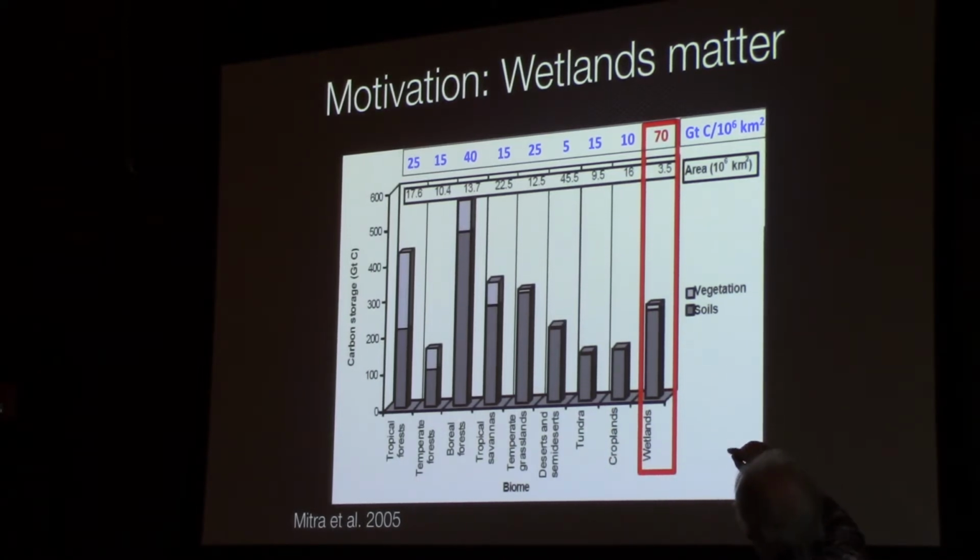What we have here is the carbon burial way up there at the top, and the area is right underneath that. So wetlands, in terms of this diagram, represent a very small portion of the total area. In terms of the total amount of carbon buried, they're very significant. And so that's one of the motivations for why we were looking at these pothole systems in the first place.